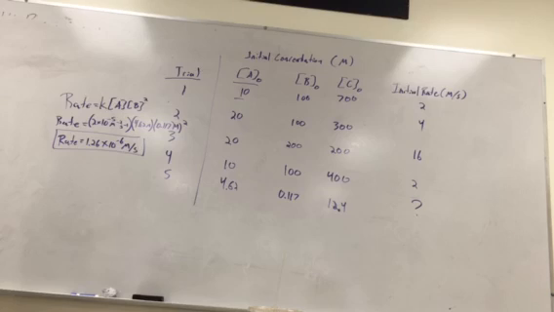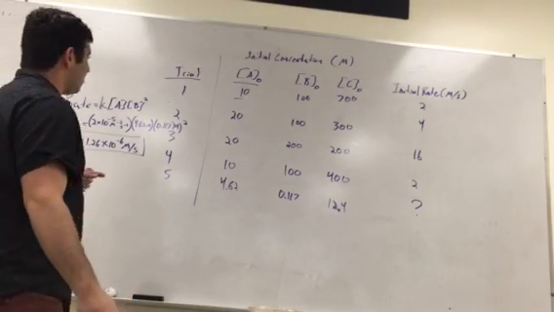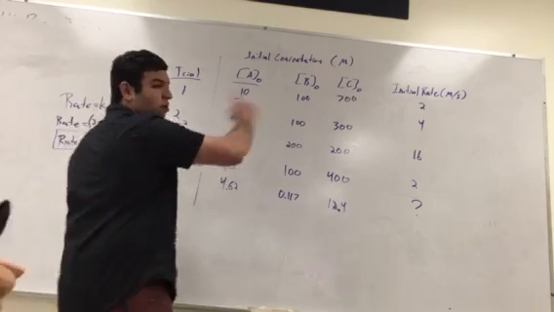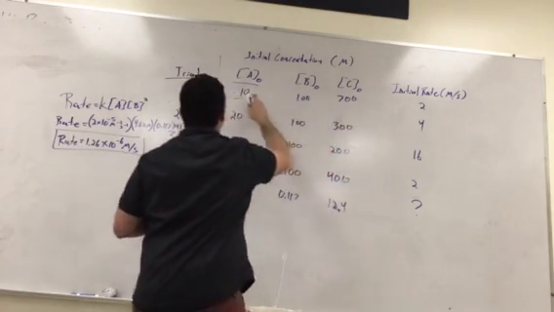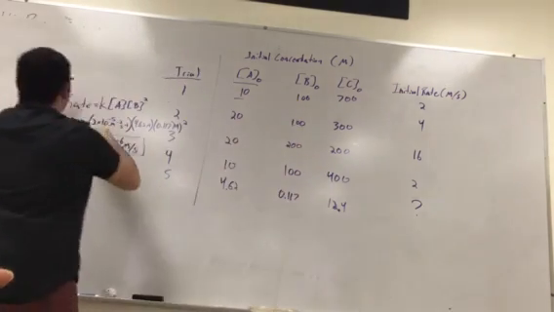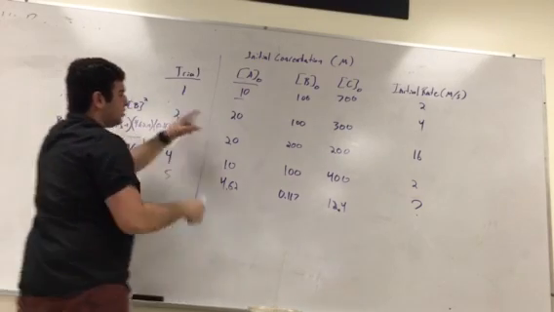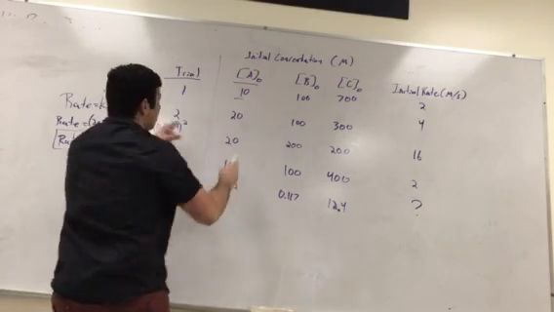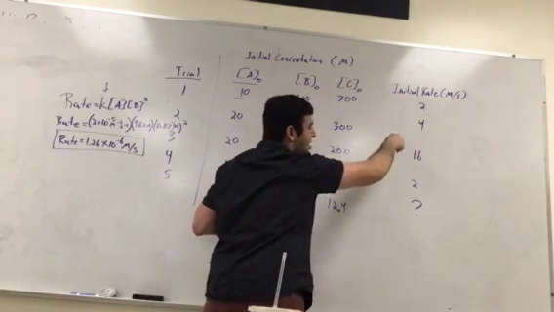Make sense? Any questions on this? When you found K, what did you plug in for the rate again? When I found K, I just picked trial 1. For trial 1, the rate is 2, the concentration of A is 10, the concentration of B is 100. So I just went 2, 10, 100, and I calculated K. If I did this other trial, it would have been 20 times 100 squared times K equals 4.